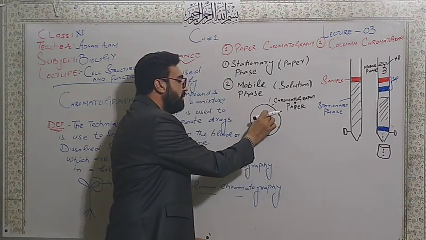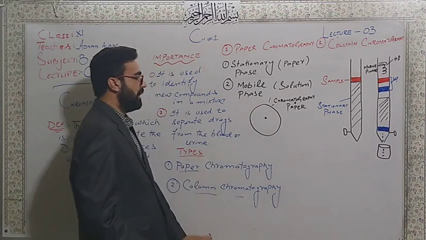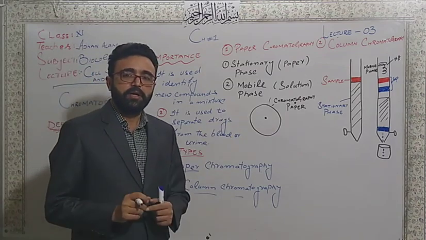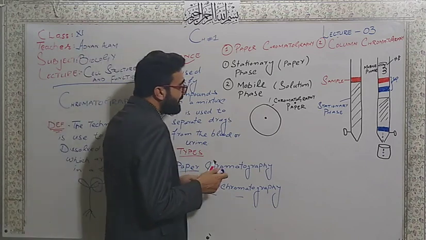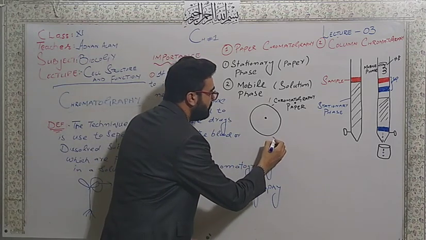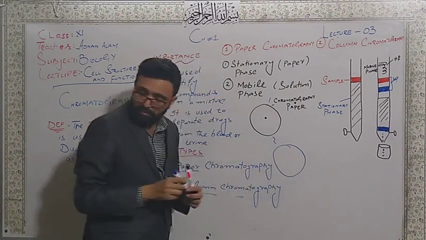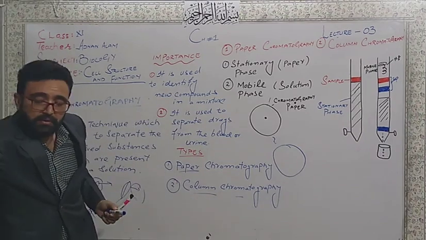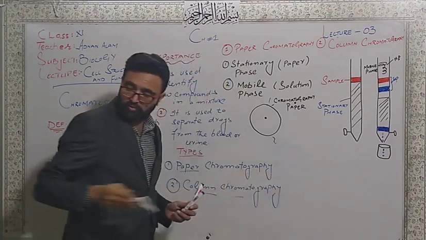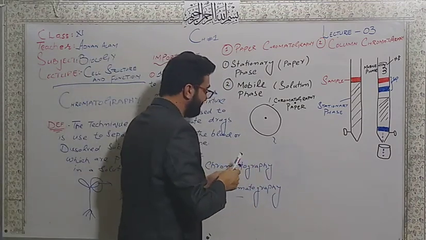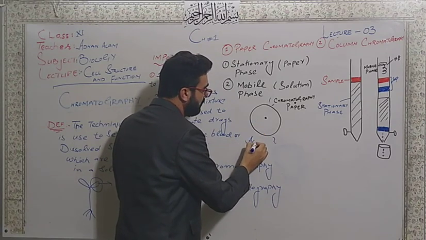So we put a drop of black ink on this paper and we let it dry. It is very important that we let it dry. And in the next phase, we will put some organic solvents on it. For example, I am putting acetone.